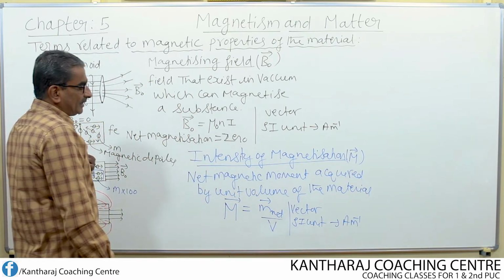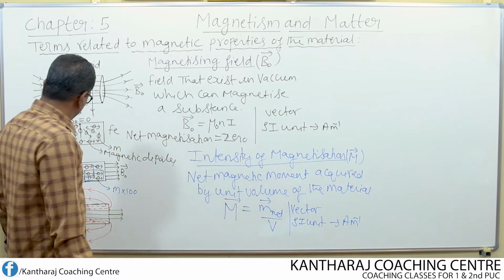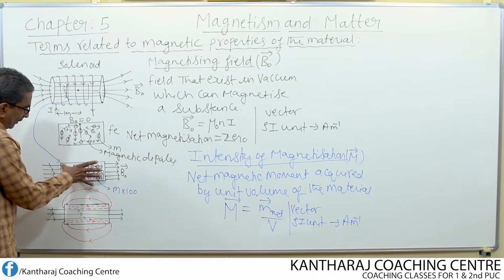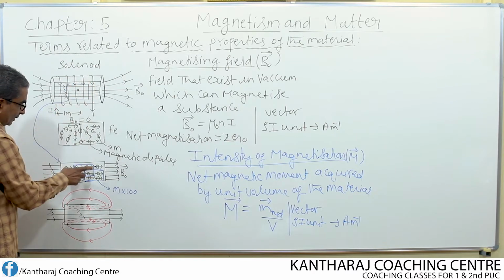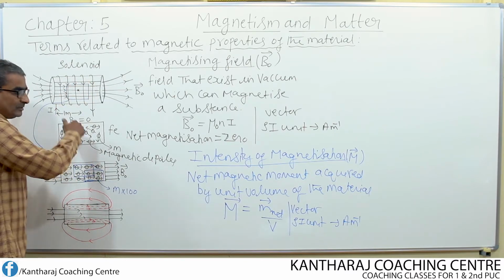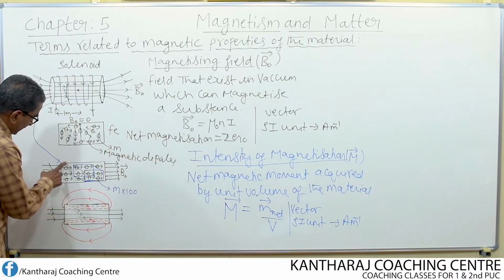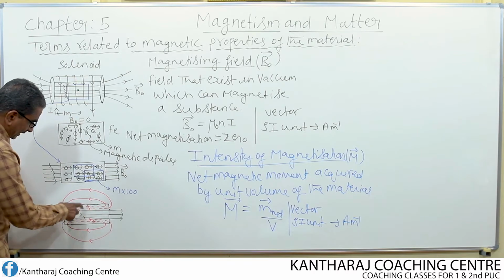Now let us define one more term. When this specimen gets magnetized, after keeping it in this magnetizing field, now this specimen possesses its own magnetic field. Now look here, the same specimen I write here, okay, same thing I have written here.